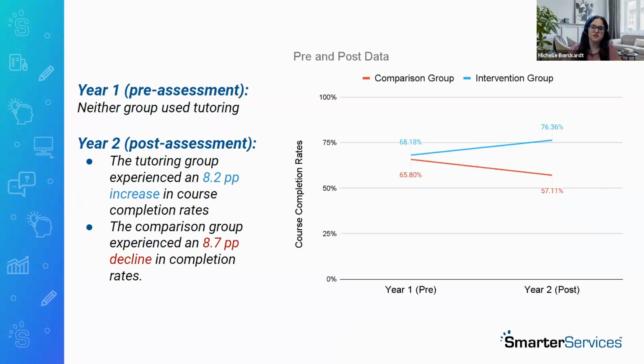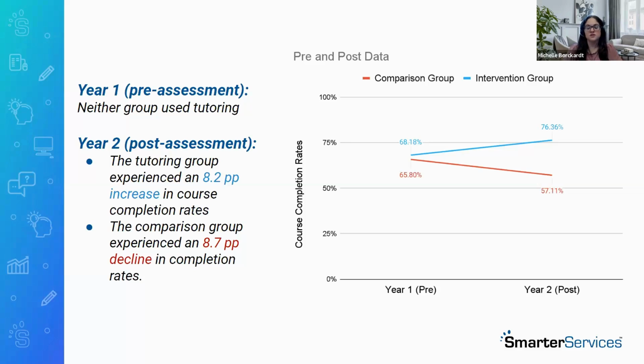There's slight differences, but they're fairly similar, which does tell us our matching characteristics are pretty good there. But what we see in year 2 is a pretty drastic change. So once we introduce tutoring the second year for the intervention group, they had an 8.2 percentage point increase compared to the students who did not receive tutoring, who had an 8.7 percentage point decline in course completion rates. So this is a pretty drastic difference.